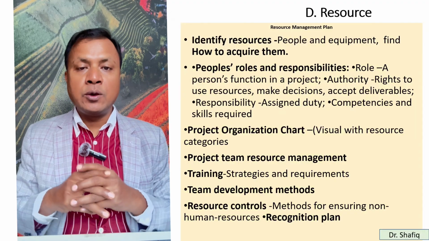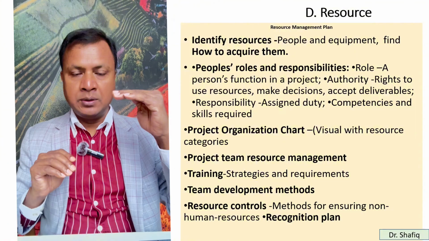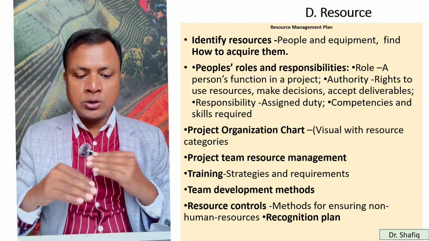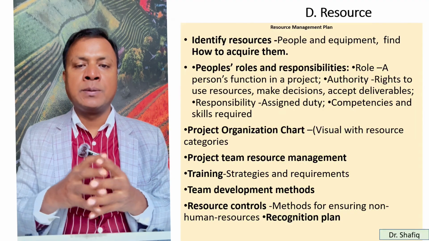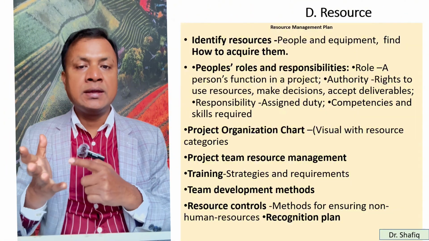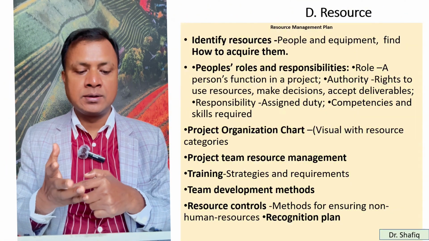And we have to make an organizational chart: who will be the upper level, who will be the mid level, and who will be the junior subordinate level. We have to fix that. The project will also have some teams, and each team will have some resources, equipment, and team members, workers or officers.